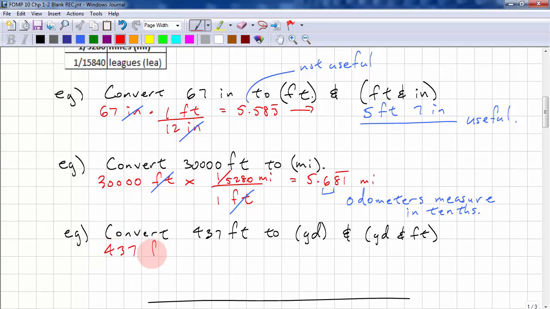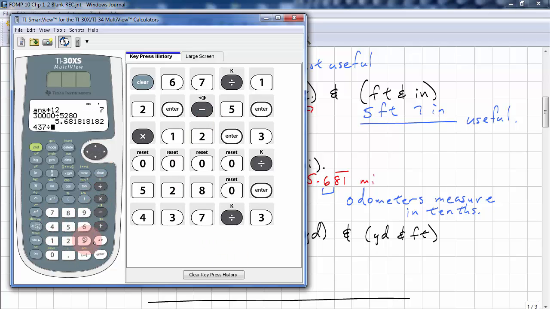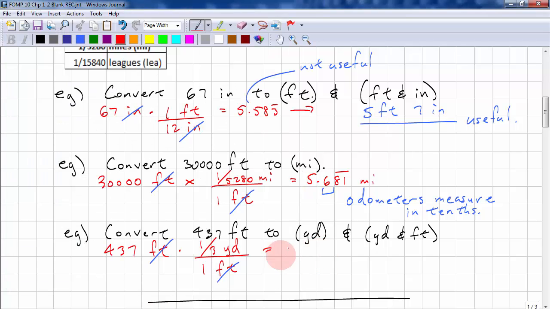437 feet. Convert this into yards and feet. Times 1 foot and that's 1/3 of a yard. Feet cancel out. So this is just times a fraction. So 437 divided by 3, and we get 145.6 repeat.